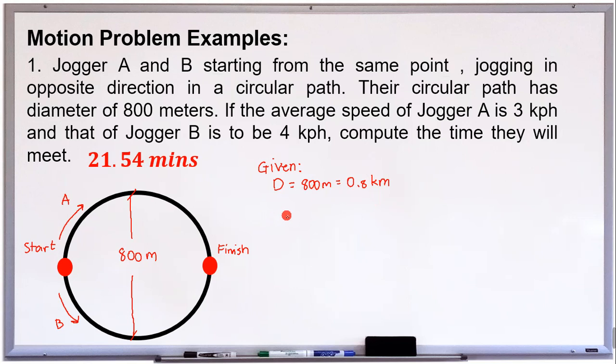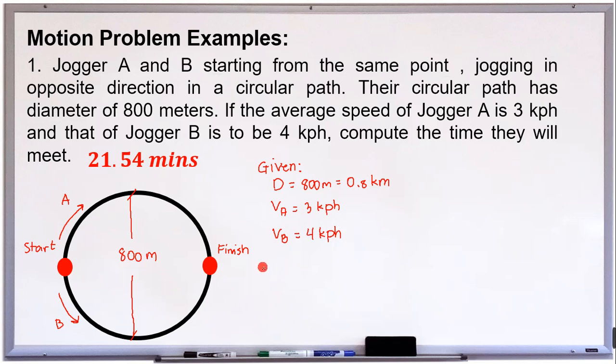Next, we are going to represent the average speed of jogger A by V sub A. In the problem, that is 3 kilometers per hour. What else? Jogger B also has an average speed, so we're going to represent that by V sub B. That is 4 kilometers per hour.